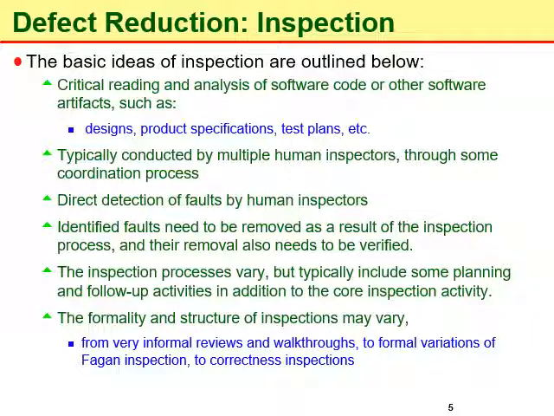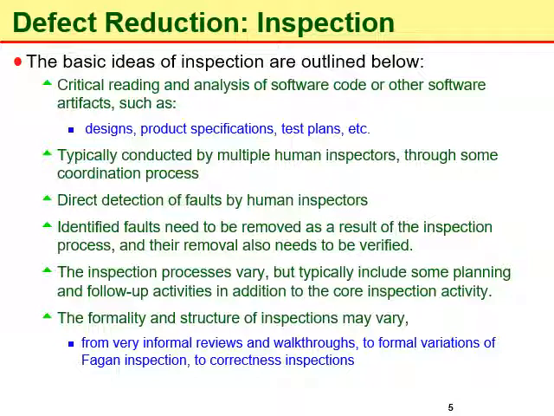The formality and structure of inspections may also vary from very informal reviews and walkthroughs to fairly formal variations like Fagan inspections to correctness inspections approaching the rigor and formality of formal methods.